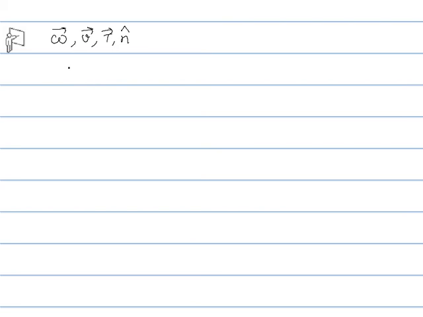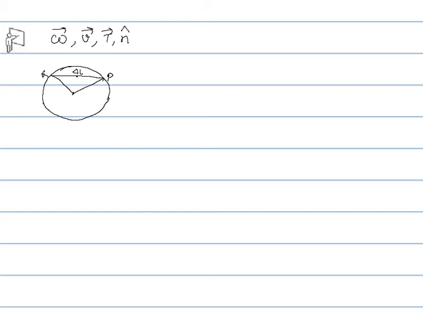Let us suppose a particle rotating in a circle, and suppose this particle goes from the point P to Q. If we join, this is the chord PQ, which is nothing but the delta L, the linear displacement.